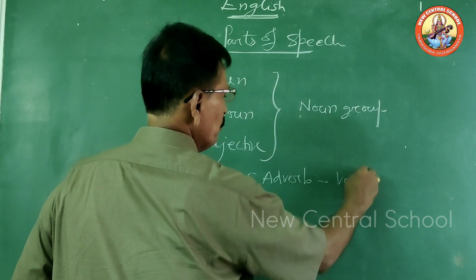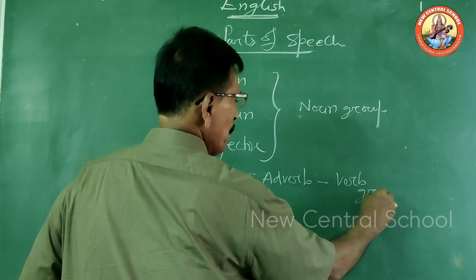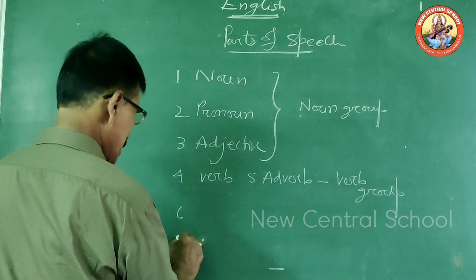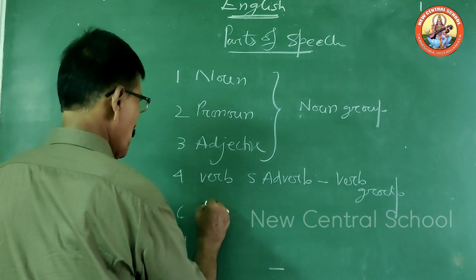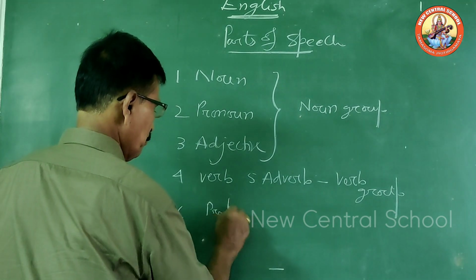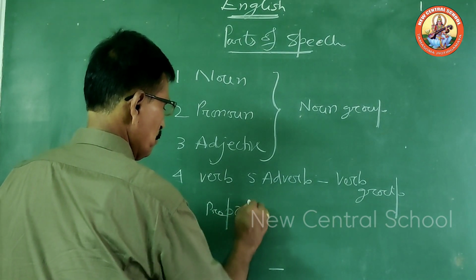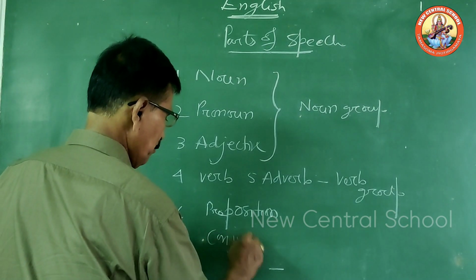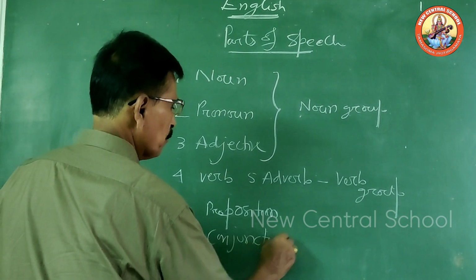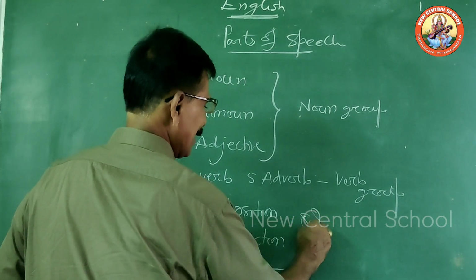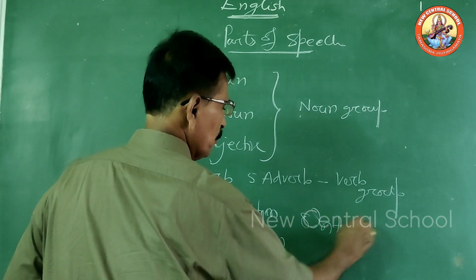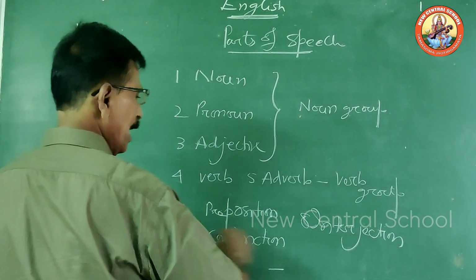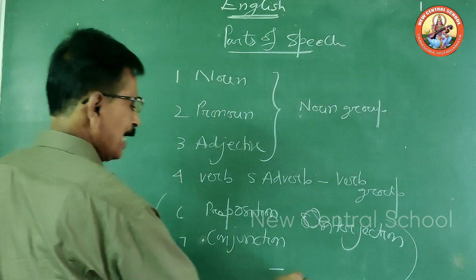These come under verb group. Preposition, conjunction, and interjection. These 3 come under others.